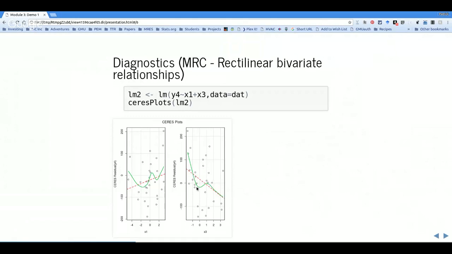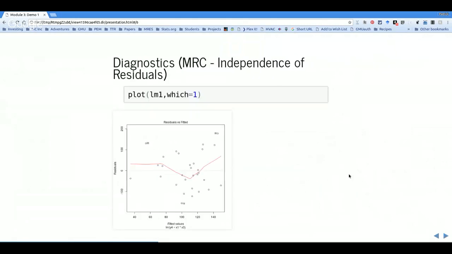Similarly, we'd like to see the green line right in line with the red line. The green line is just a lowess, or a smooth curve, and it is highly sensitive to the data. So it shows a little bit of disturbance, but for the most part we can ascribe rectilinearity between X1 and Y4 and X3 and Y4.